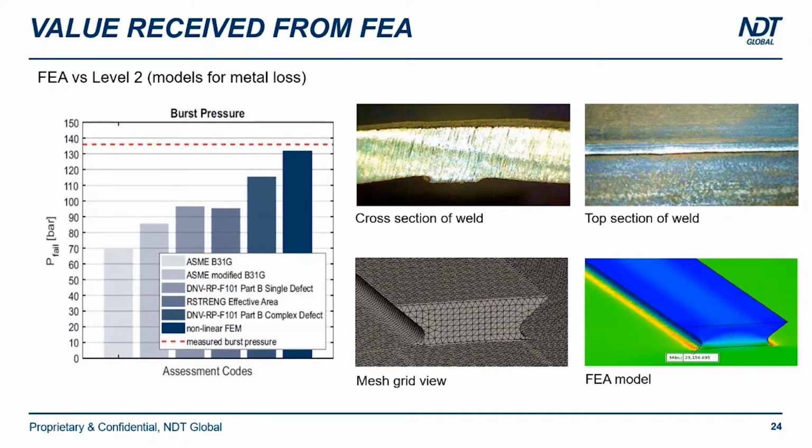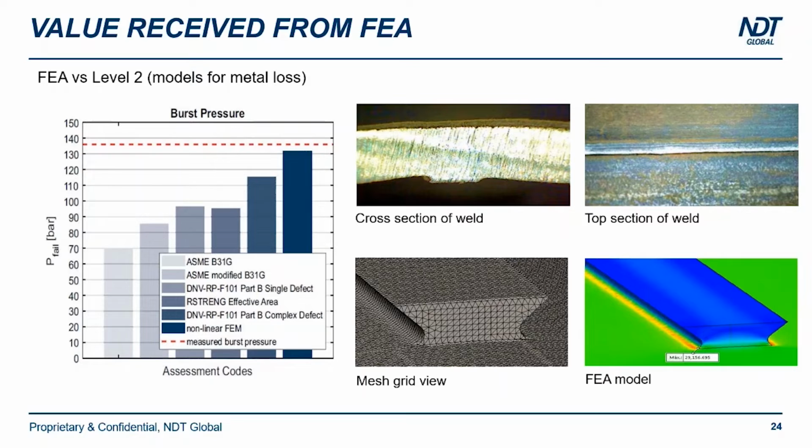So if we see the chart on the left, this was a case study that we had with a metal loss feature where we estimated the failure pressure using common methodologies such as B31G, modified B31G, effective area, the MBRPF 101, and at the end, a nonlinear FEM. And from all of those, the nonlinear FEA was the one that provided the closest burst threshold to the real tested one in the lab.